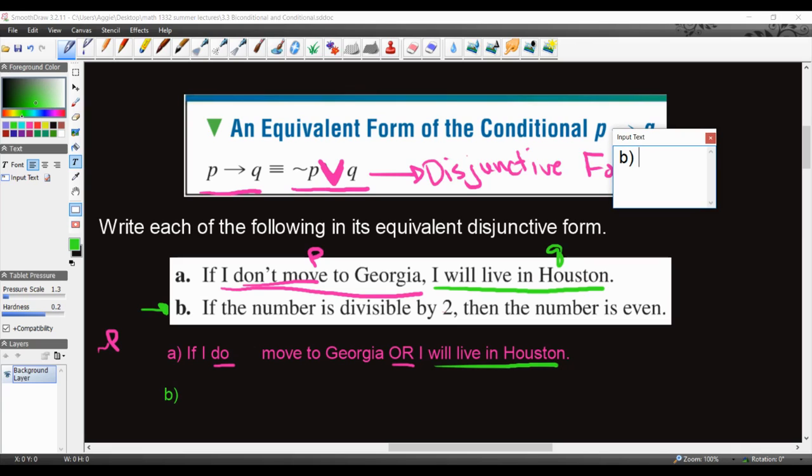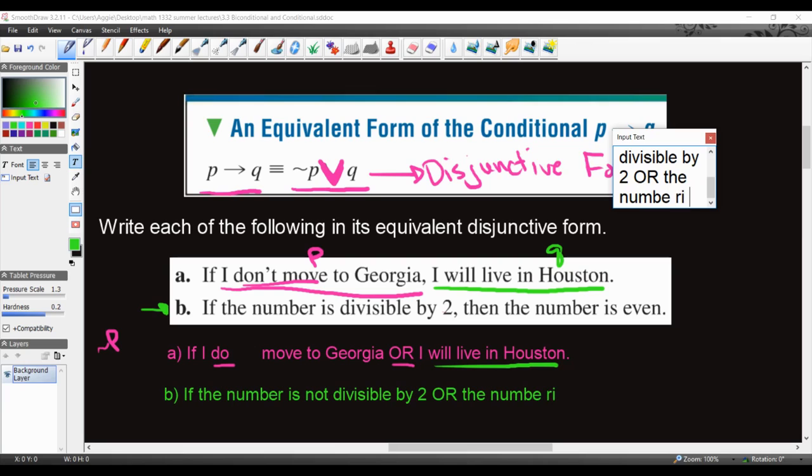It says if the number is divisible by 2, then the number is even. So if we change it to the other form, it would be if the number is not divisible by 2, or, okay, the number is even. Okay, and that's about it.